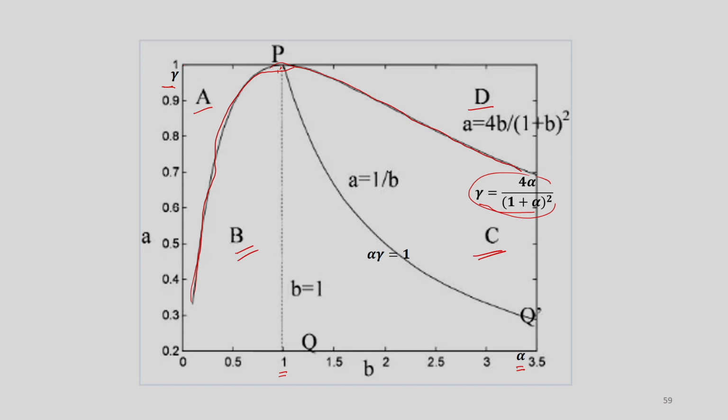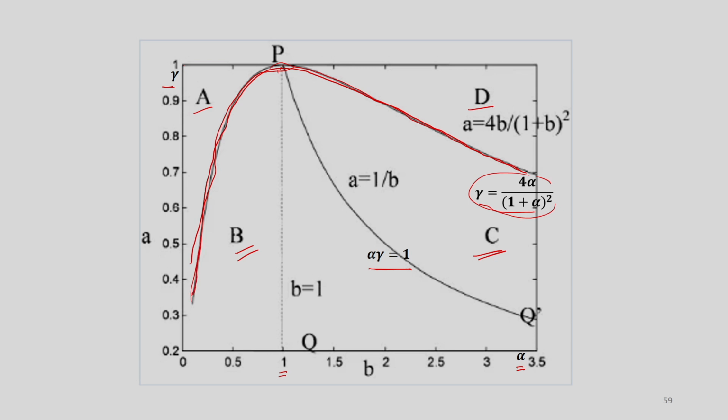For the time being, ignore this line. There is another line that I have drawn, which is alpha gamma equal to 1. The importance of that line will be made clear subsequently. Right now, we just note that this concave function, which I have denoted by the red line, separates the three sub cases of roots.